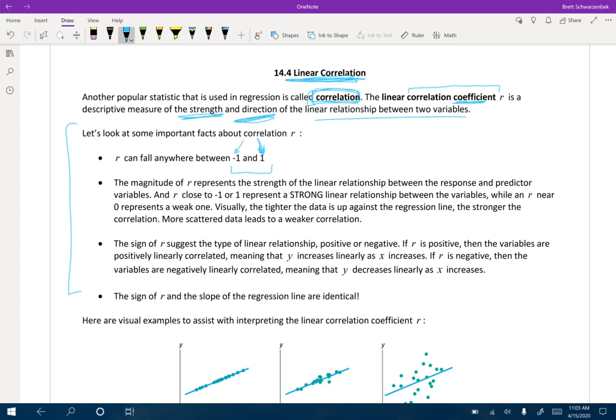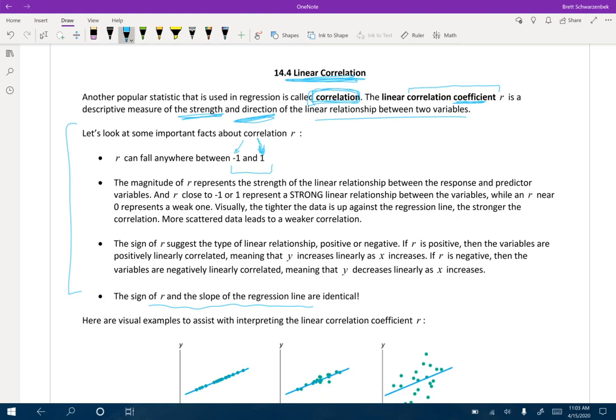So some of the things to take note of here is that the slope and r are going to have the same sign, S-I-G-N, the same sign. So this can be useful later on when we do some calculations, which we'll talk about. But generally, correlation and slope will always have the same sign, which will help you in some of the things that you do.